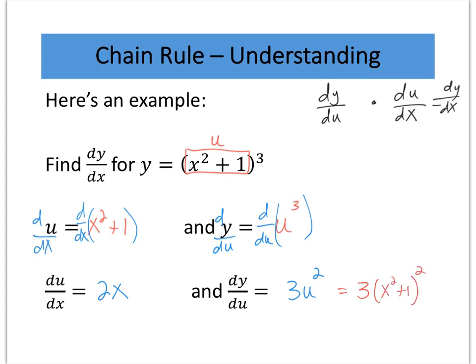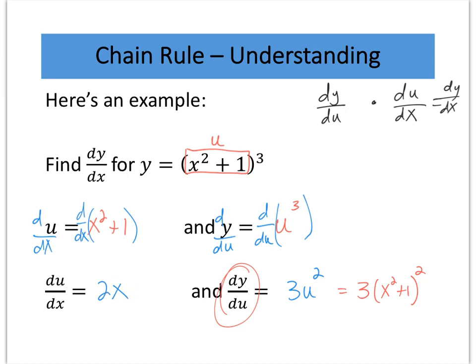But that's not it. That's dy du. And remember, we have to multiply dy du by du dx in order to get dy dx. So I have dy du, the derivative of y with respect to u. And now I have to multiply it by this du dx.